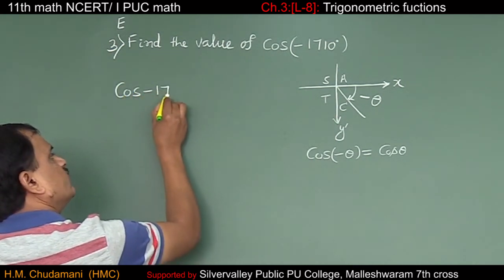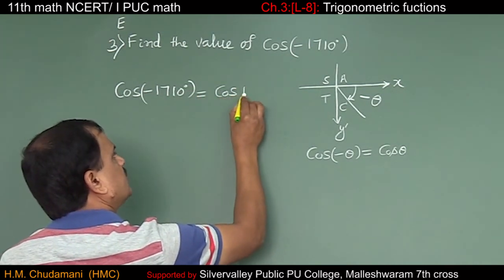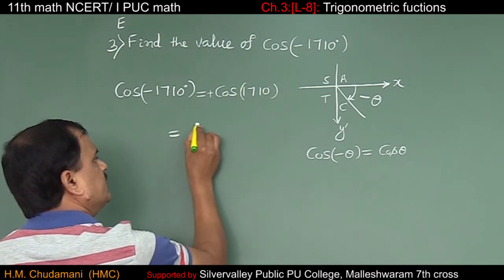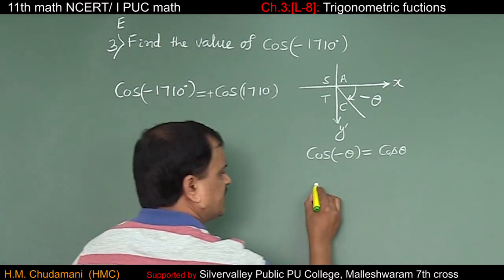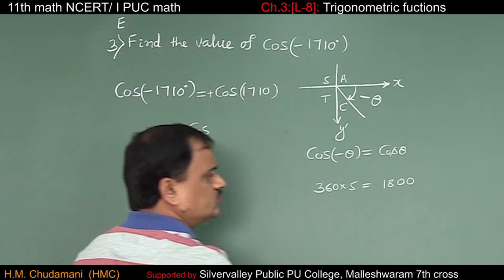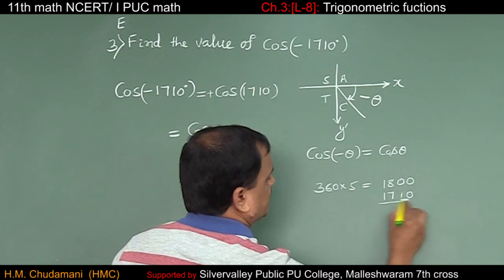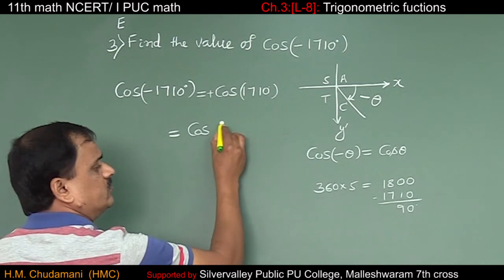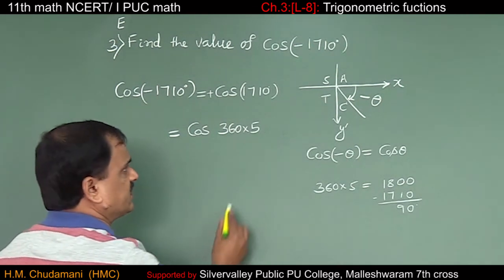Cos of minus 1710 degrees can be written as cos of 1710, so let us write it in terms of 180 or 360. 360 into 5 is 1800.